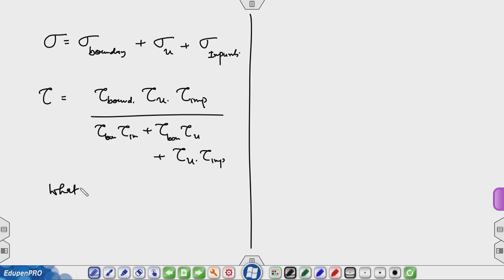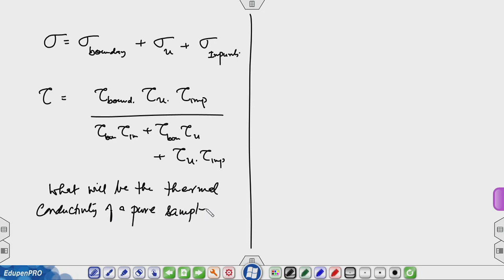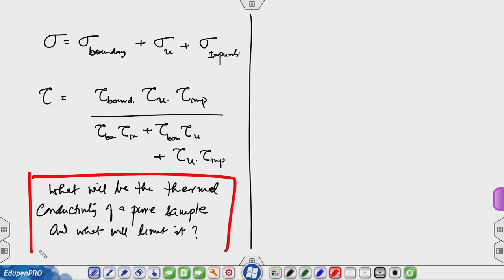What will be the thermal conductivity of a pure sample, and what will limit it? So, with this let me conclude the lecture.